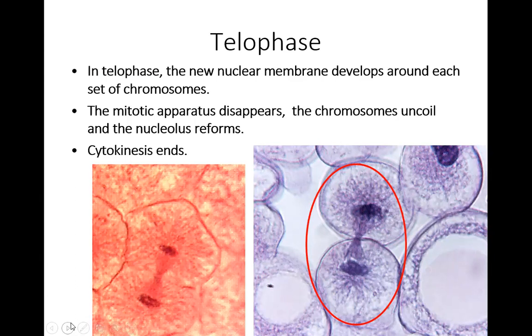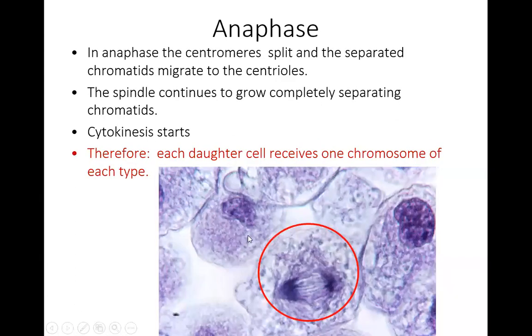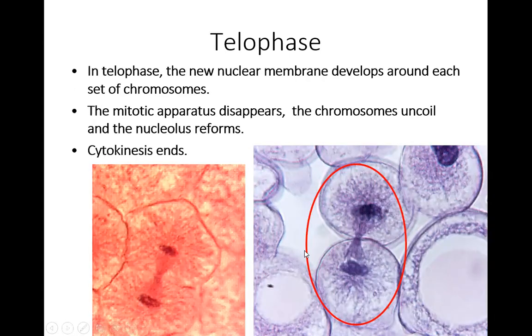And this process is known as cytokinesis. Cytokinesis starts in anaphase, continues into telophase, and finishes. And so you can start seeing this little line right here. You definitely see the separation here.